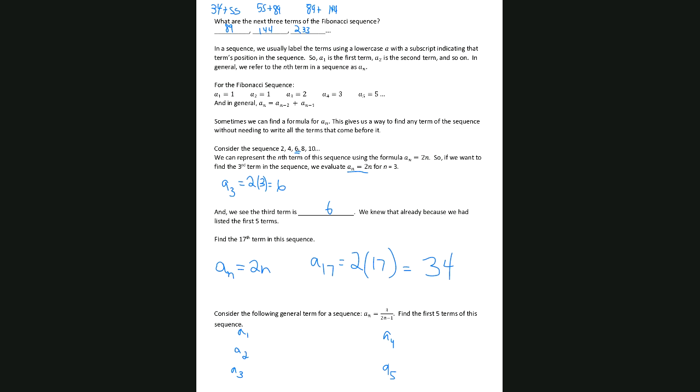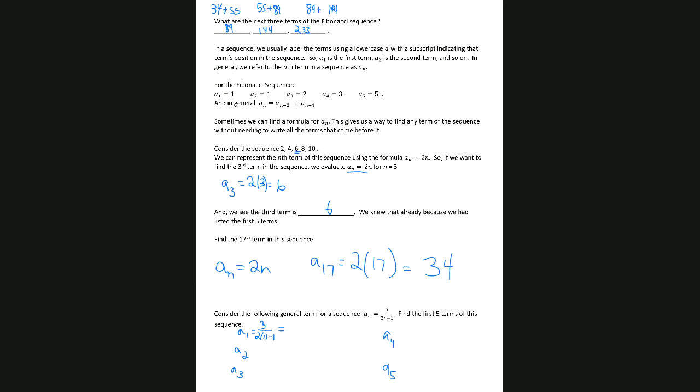So this is a sub 1, and I'm going to replace n in this formula with 1. So a sub 1 really is equal to 3 over 2 times 1 minus 1.